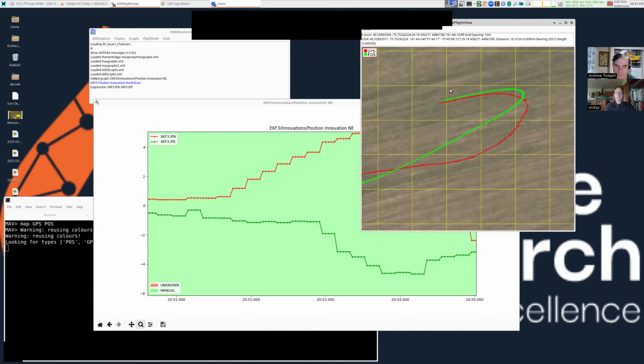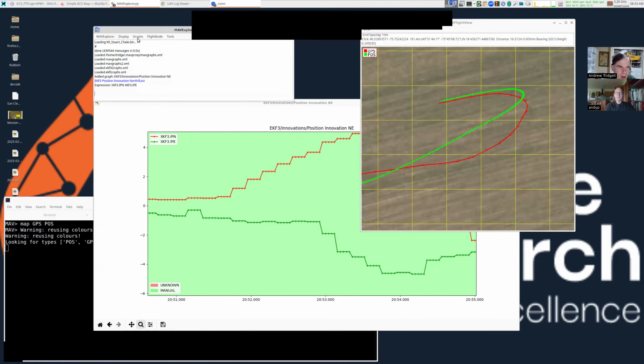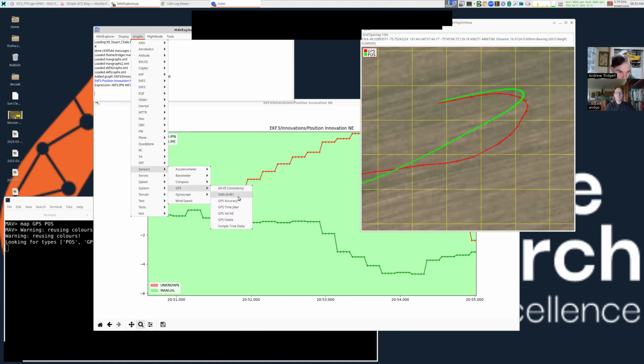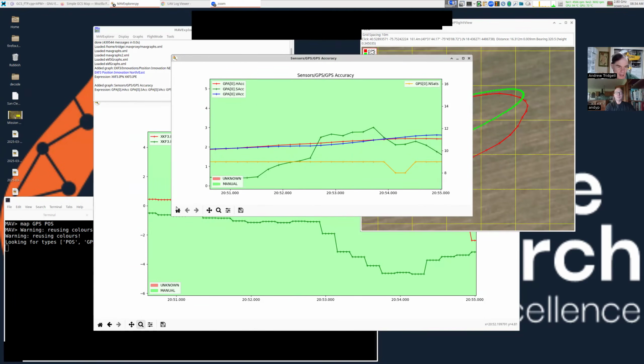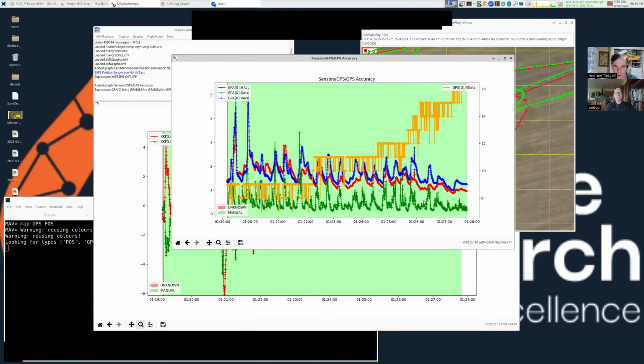Now, some of the sensors actually provide their own estimated accuracy. We can have a look at that for the GPS. So we can bring up this little graph called GPS accuracy. And it's definitely worth having a look at.